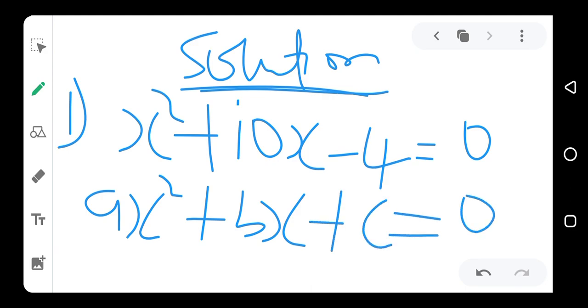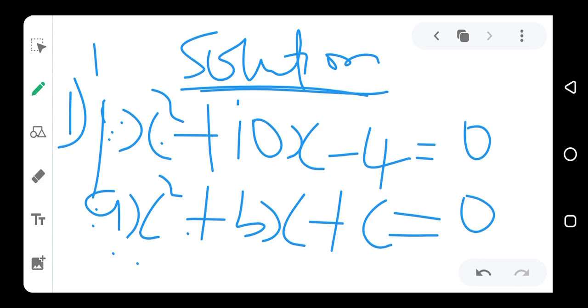Now from this we can see that anything standing on its own is multiplied by 1. So that means that the coefficient of x squared is 1. That means that a is 1. When we compare the two, then we get that a is equal to 1. This is 1 times x squared.